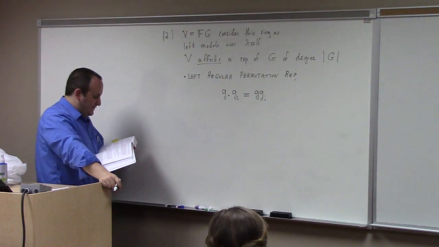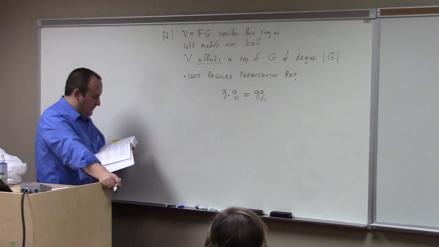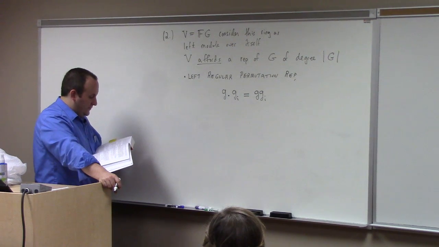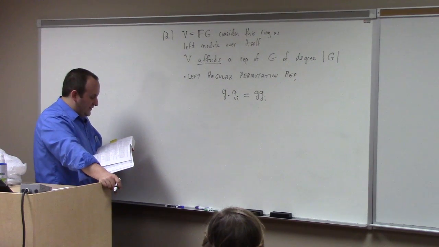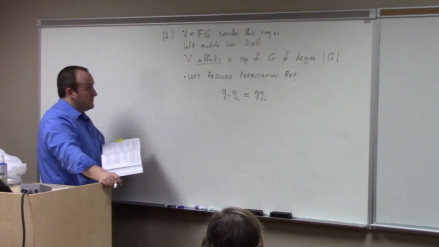He says, with respect to this basis of V, the matrix of the group element g has a 1 in row i and column j if g times g_j is g_i, and 0 in all other positions. This linear or matrix representation is called the regular representation of G. Note that each non-identity element of G induces a non-identity permutation on the basis of V. So the regular representation is always faithful.